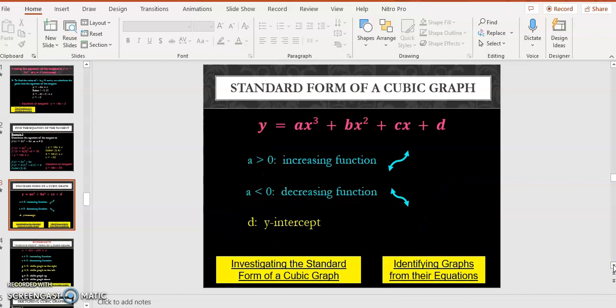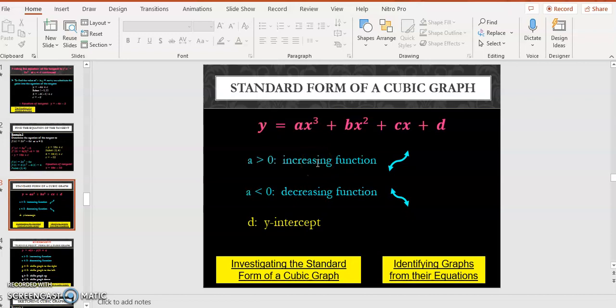Okay, now let's look at the standard form of the cubic graph. This is the standard form for a cubic graph. Now, if a is greater than 0, that means if a is positive, we say the graph is increasing.